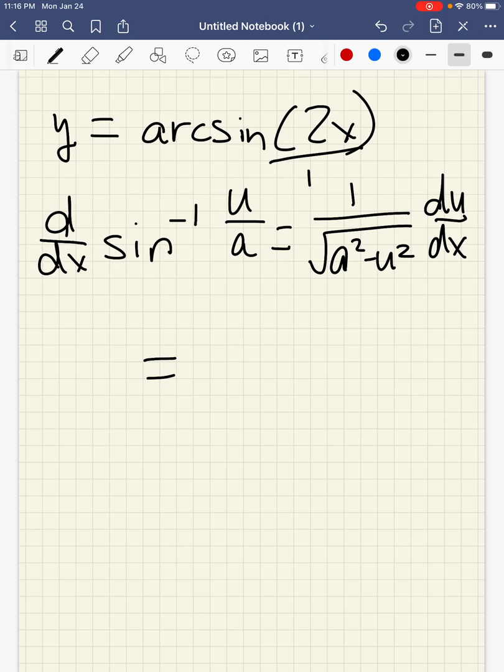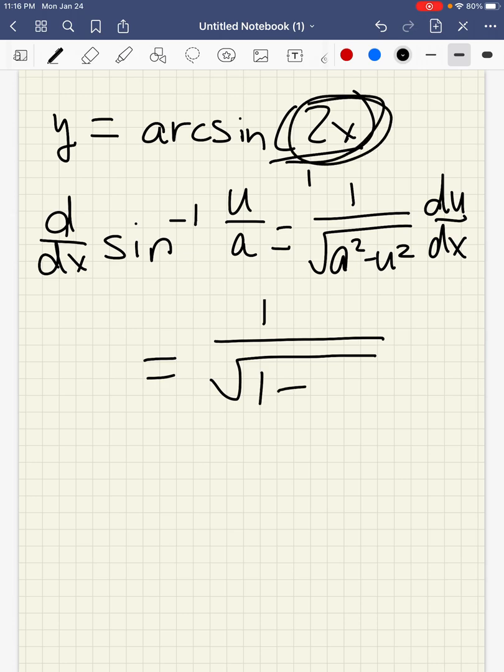So here we'll get 1 over the square root of a is 1 minus, here's u is 2x, so 2x squared would be 4x squared, but then we have to multiply by du dx. So what is the derivative of this u right here? It's just 2.